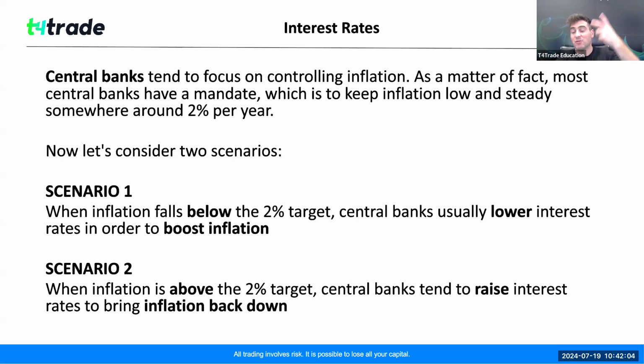Whereas with inflation above the 2% target, inflation gets out of hand, there is a problem with consumption, and because we have high demand for goods and services, central banks tend to raise interest rates in order to, let's just say, contain this over-exuberant demand from consumers.